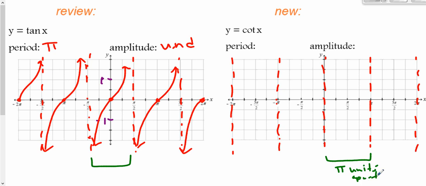They're shifted over. That's supposed to say pi units apart. It doesn't look very clear. And then in between all of those, you're going to have zeros. Okay, now what does the curve look like? Well, when you have numbers that are going up, their reciprocals are going down. And so these are going to be downward swooping curves.